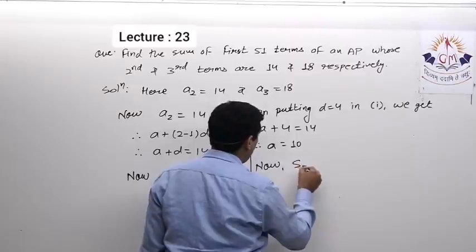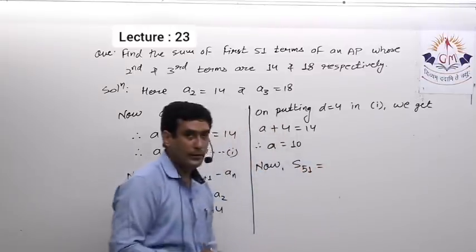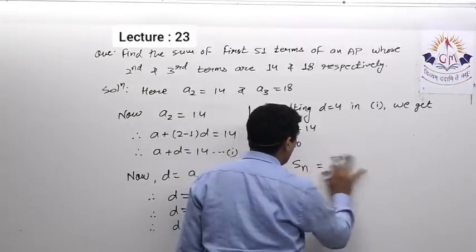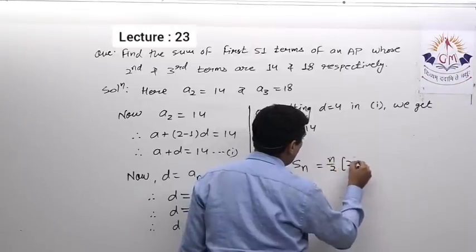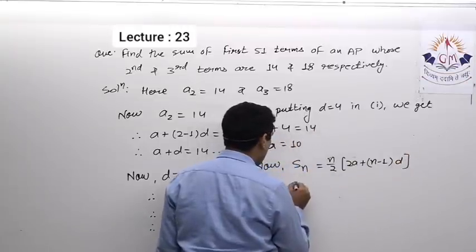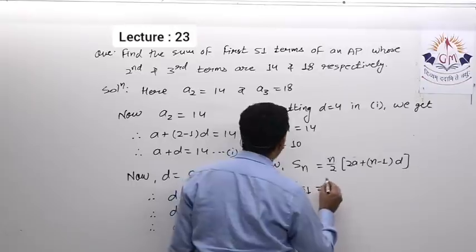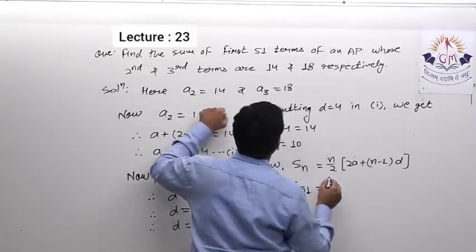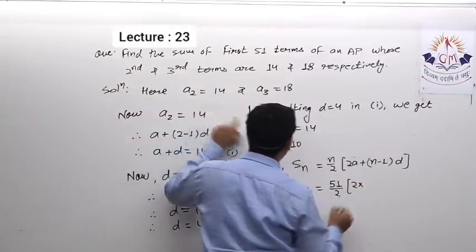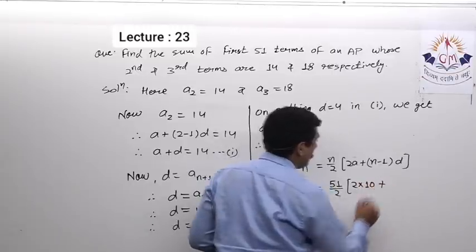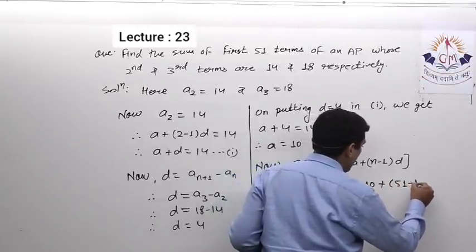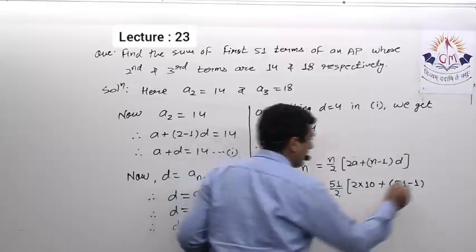S51, that is sum of first 51 terms, is, better to write first the formula. Sn is equal to n by 2 [2a plus (n minus 1) into d]. Okay, now we'll put the values. So S51 is equal to, now what is n? n is 51, so 51 by 2 into [2 times 10 plus (51 minus 1) into 4].